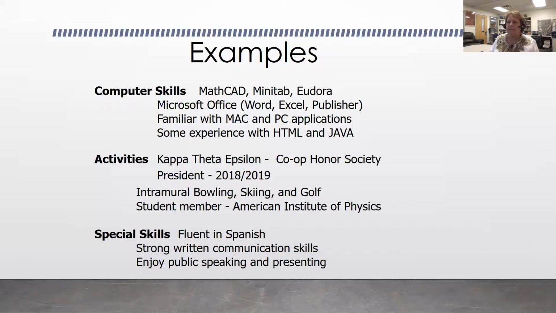I mean, just have numbers and evidence. Enjoy public speaking, have done 15 presentations in this past year, just kind of show that you've actually done something rather than it's just a hobby and you'd do it if you wanted to. Show them that you've actually done things and have some evidence there that would give them more credibility in terms of what you're asking to do.